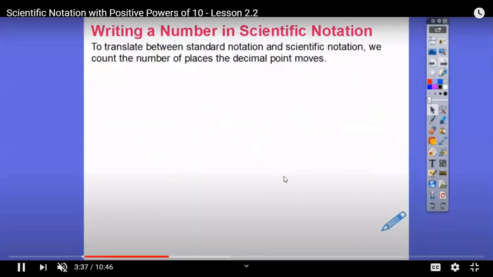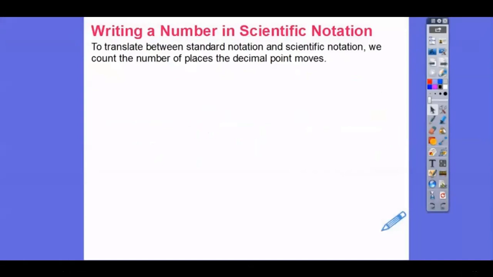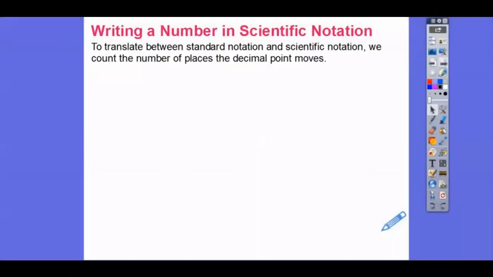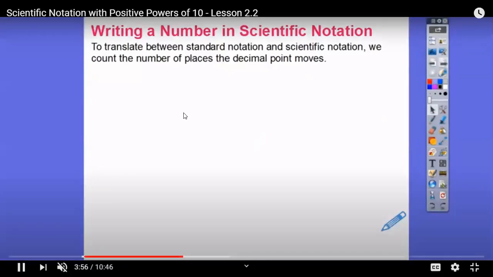To translate between standard notation and scientific notation, we count the number of places the decimal point moves. Okay, so writing a number in scientific notation: it's written in standard form, which has many zeros, and I want to change it into scientific notation.